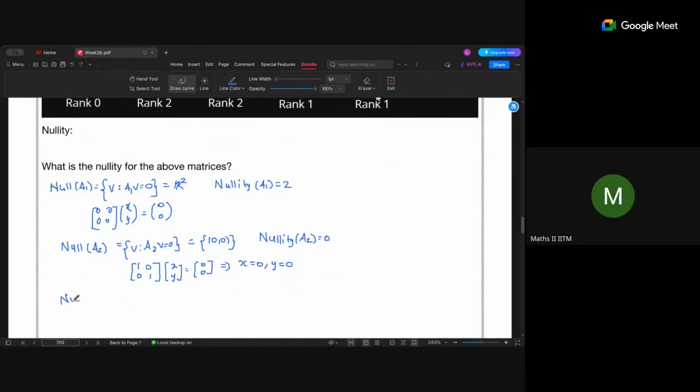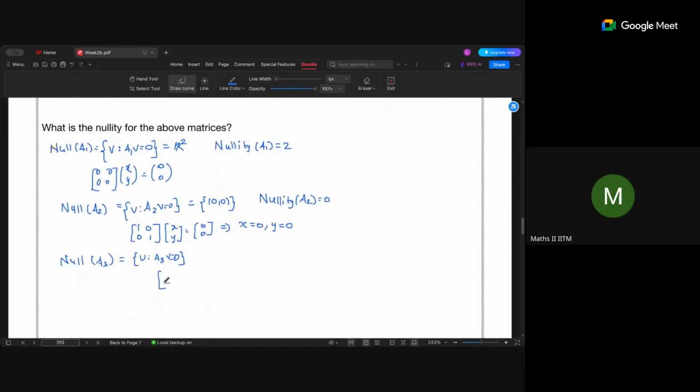Fine. What about the null space of A3? Again, it is the set of all V such that A3V equals 0. A3 is [1 2; 3 4]. So [1 2; 3 4] times (x, y) equals (0, 0).